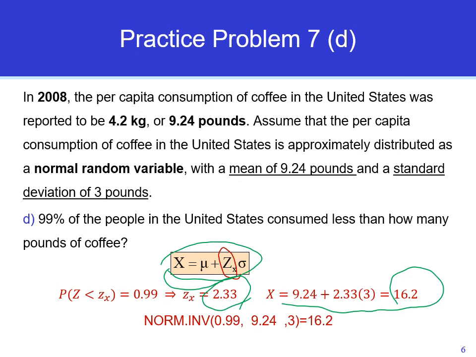So 99% of people in the US consumed less than 16.2 pounds of coffee in 2008, which you can actually check. The probability that x is less than 16.2 is equal to 99%.